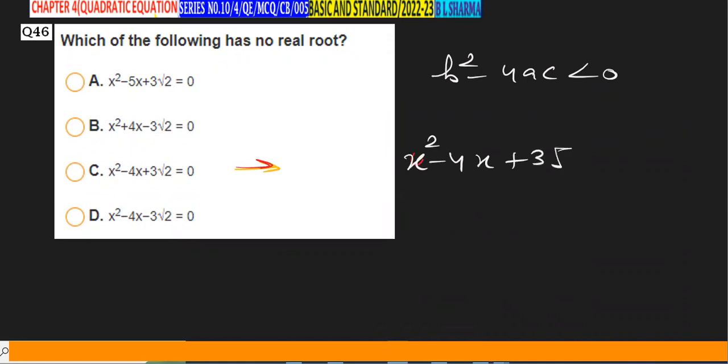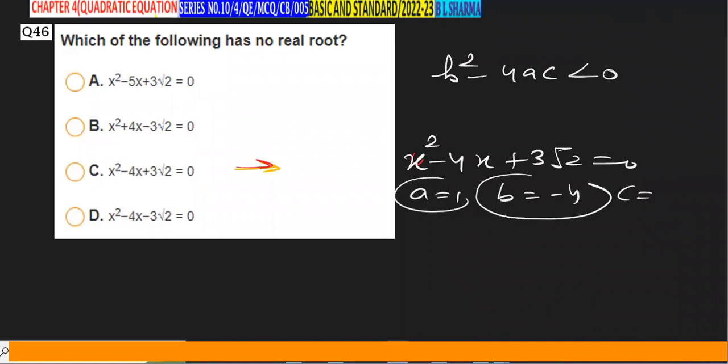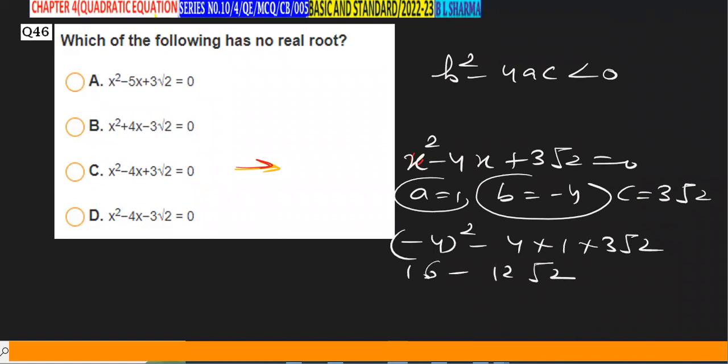x square minus 4x plus 3 root 2 is equal to 0. A is 1, B is -4, and C is 3 root 2. So -4 whole square minus 4 into 1 into 3 root 2, that is 16 minus 12 into root 2.